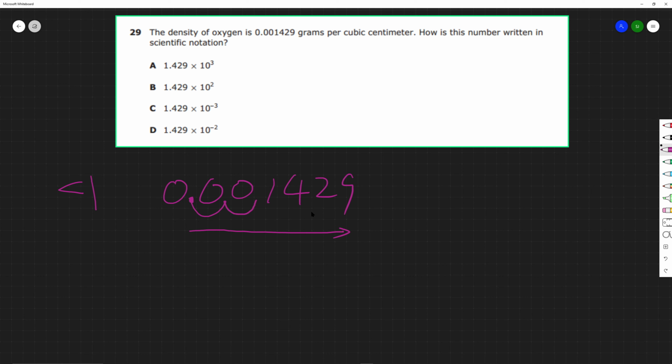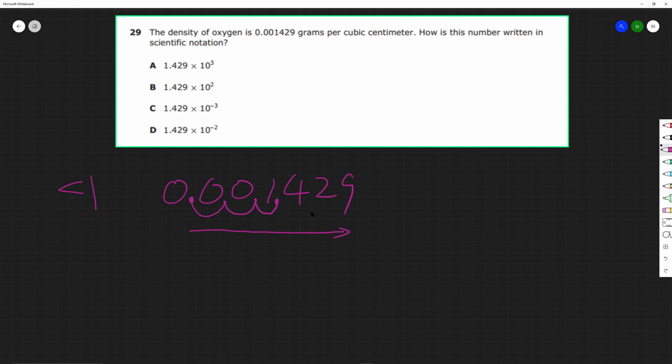We pass a second 0, then we continue. And then we pass a 1, and we will stop. Because when you move the decimal to the right, you will stop at the first non-zero number. So you pass 2 zeros, and then you pass this 1, and this 1 is not 0. You will stop after you pass 1.